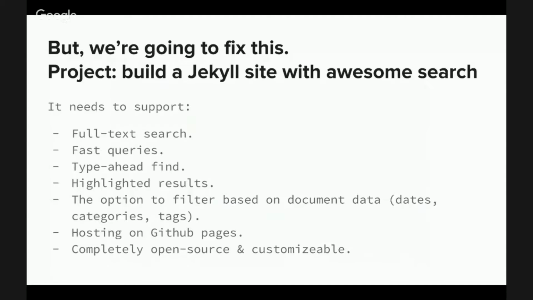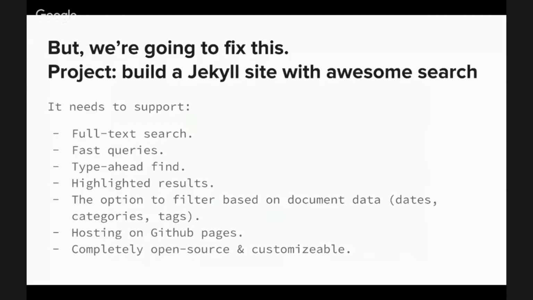I wanted to search the entire content. I wanted fast queries. I wanted it to be powerful. I wanted it to be able to use interesting JavaScript UI stuff to have type ahead find and highlighted results so that users could really connect with the thing that they were searching for and decide what they needed to click on in terms of articles.